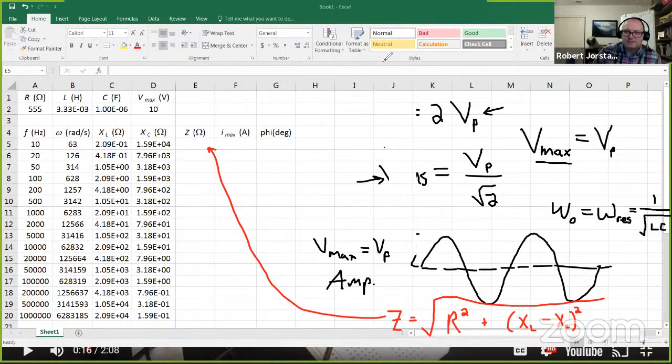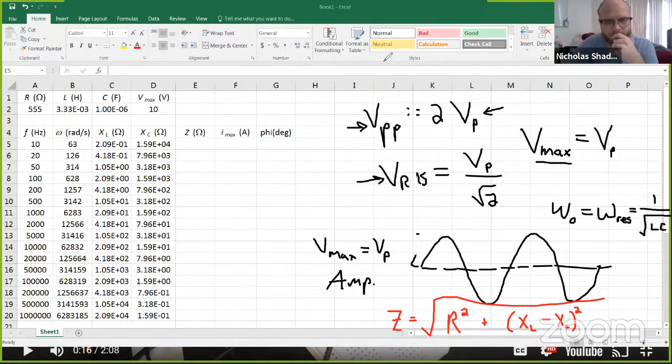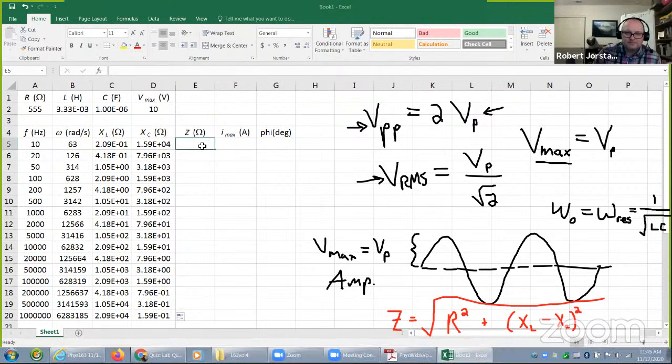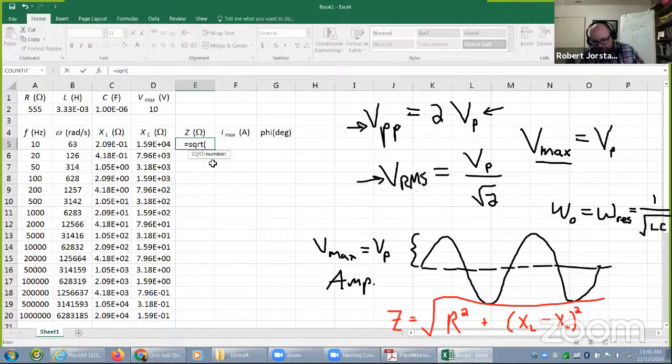I'll do it in just a second. I've got to get rid of my annotation. Help me out. What's the formula here? I guess there's a square root. Square root of, what do I do? Which cell? So somebody knew this time.